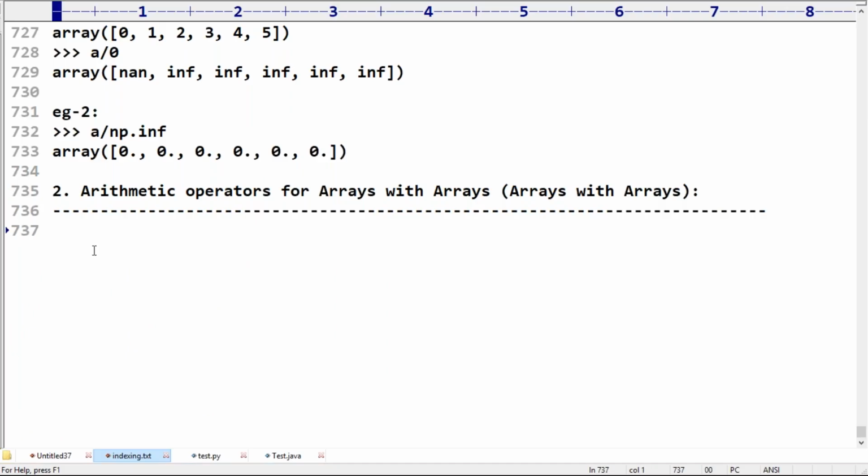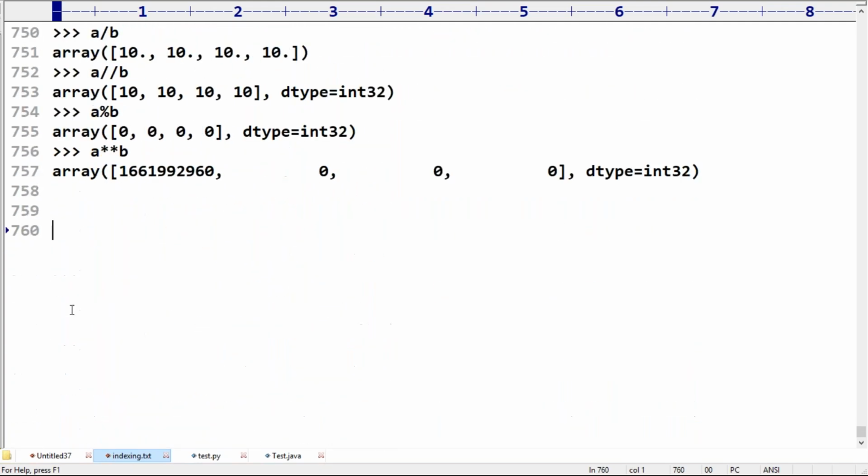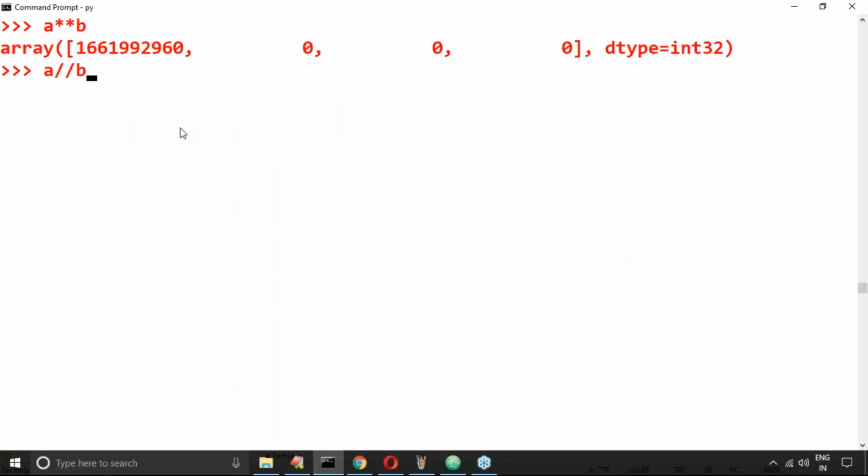Now just observe carefully about this one. There are two doubts in your mind, regarding rounding. Don't worry at all, one minute, I will take care of that part.